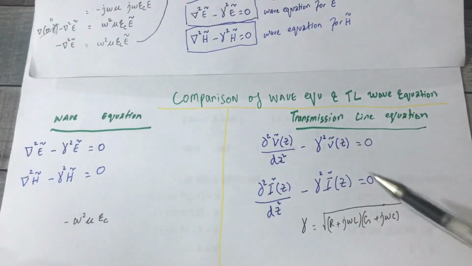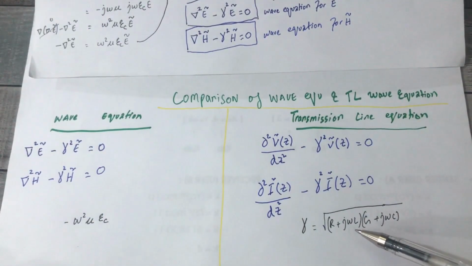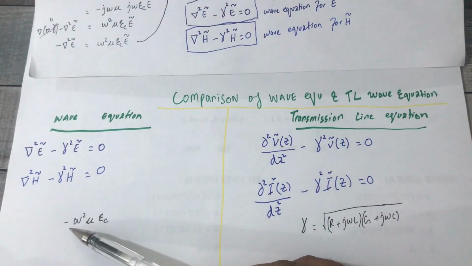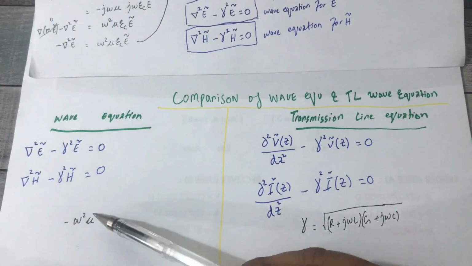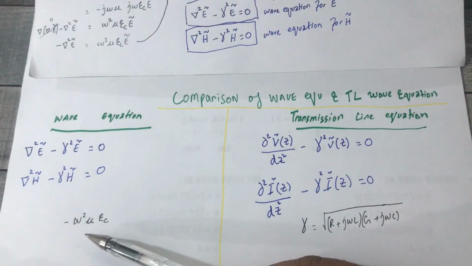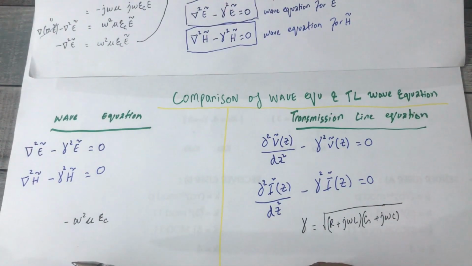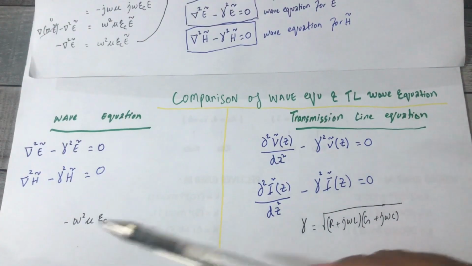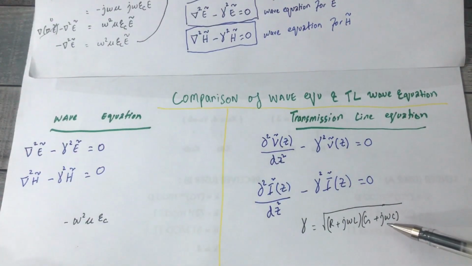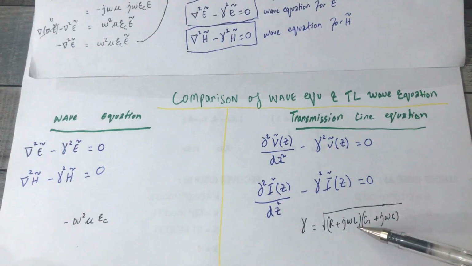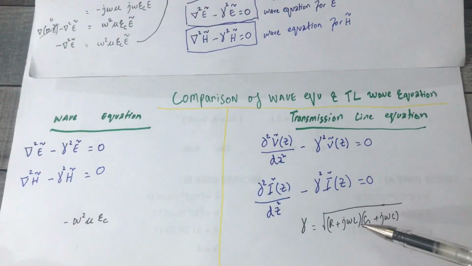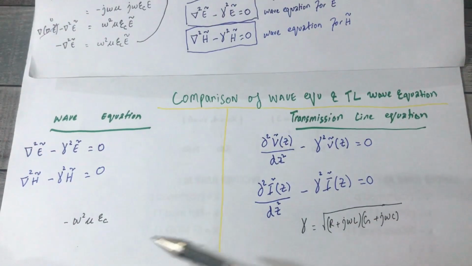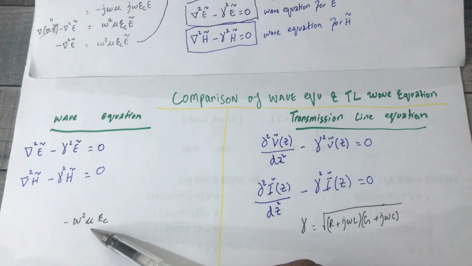We have omega, which is with respect to frequency, and minus 1 is just j squared omega. Then we have mu. What is mu? Mu is the permeability of a material. This is a magnetic property. And where does the magnetic property in a transmission line come from? It comes from that L, the inductor in a transmission line model. That transmission line inductor can be represented in the wave equation in terms of mu, the permeability of a material.